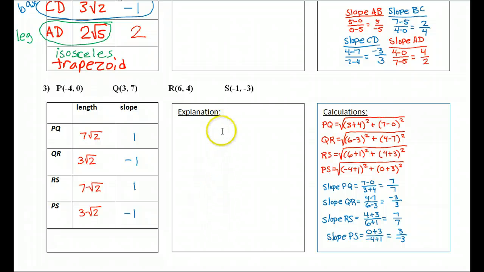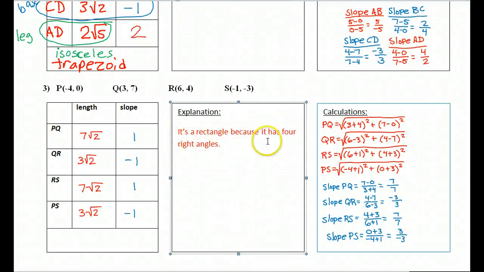So let's go ahead and do the explanation now. We are deciding that this is a rectangle, so we can say it's a rectangle because it has 4 right angles. That's the definition of a rectangle. But we also have to say why it's not a square.